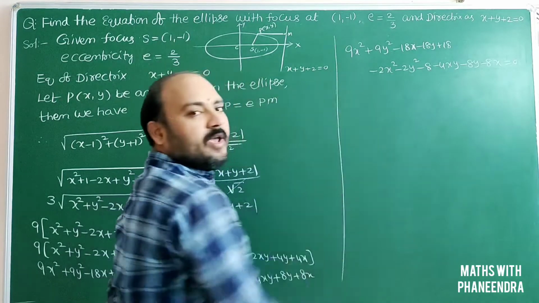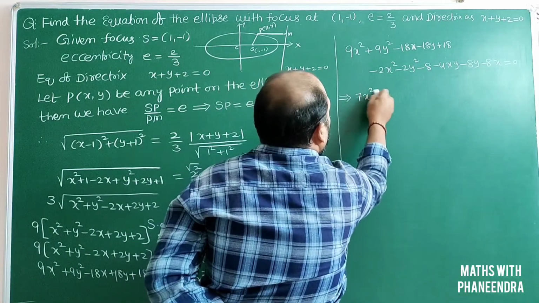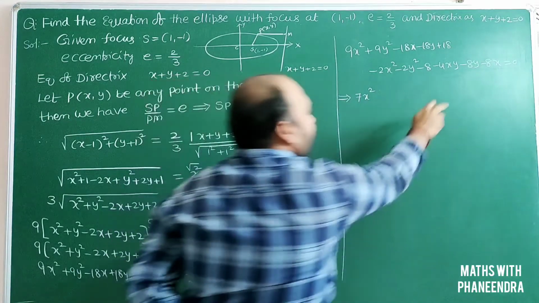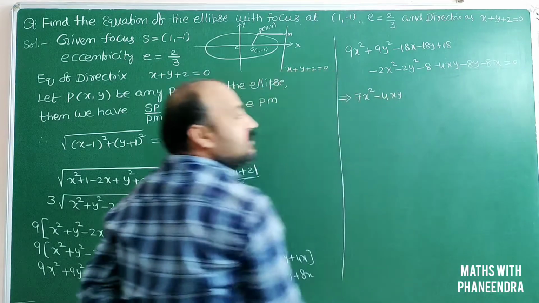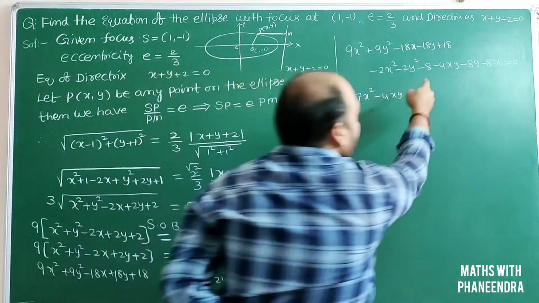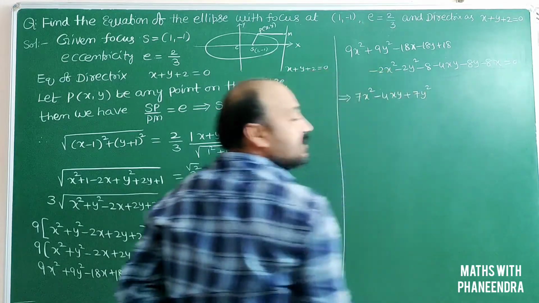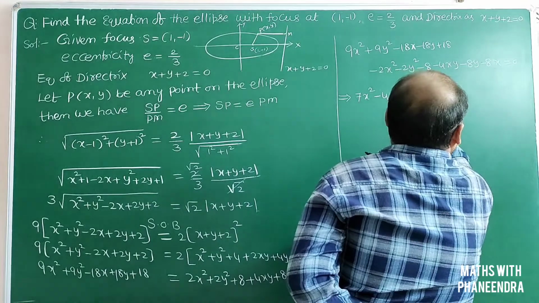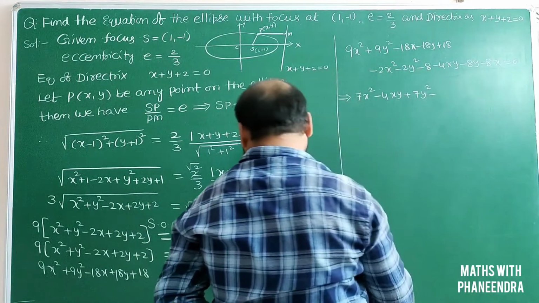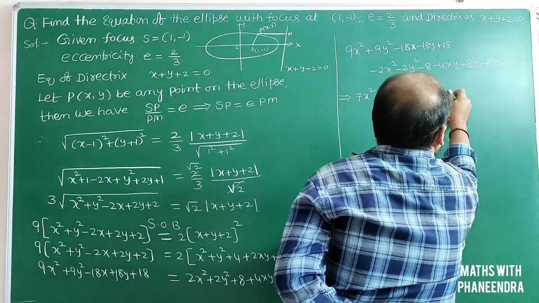So 9x square minus 2x square is 7x square. Next, the xy term: minus 4xy. Next, the y square term: 9y square minus 2y square is 7y square. Next, the x term: minus 18x minus 8x is minus 26x.